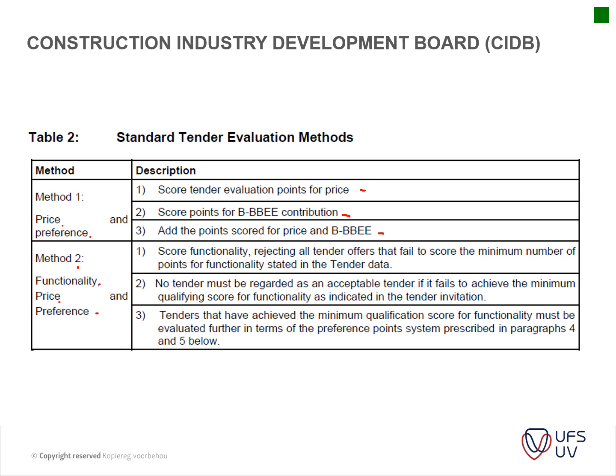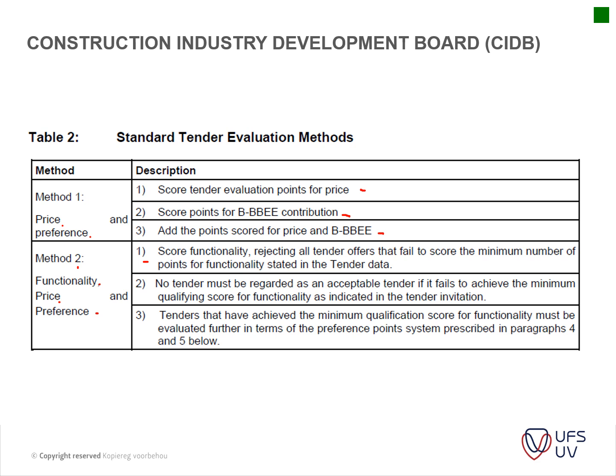And then method 2, you've got your score functionality, rejection of all tenders that fail to score the minimum number of points for functionality. So that's what I explained. You evaluate the tenders according to past experience, and you give them a score.